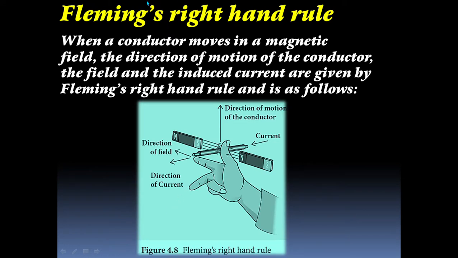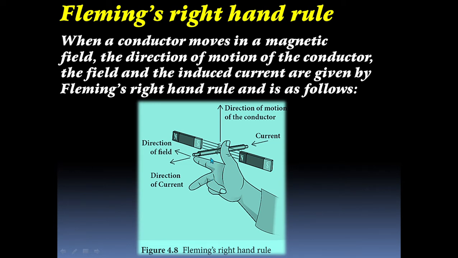The next topic is very important. Two more questions, please note it down. Fleming's right-hand rule. Already we have learned it in the lower section. What is the statement of Fleming's right-hand rule? Stretch the three fingers of your right hand mutually perpendicular.